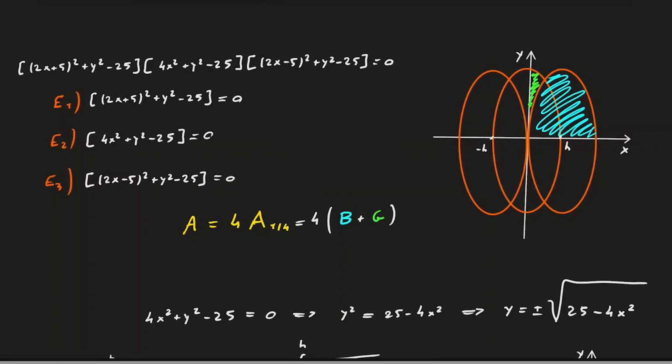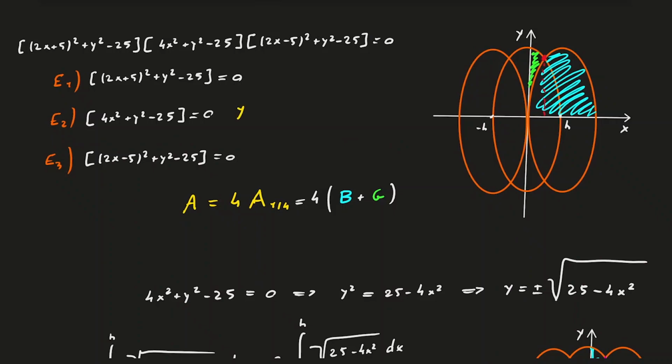A is the value of x when the second and the third ellipse are equal to each other, so the intersection of the two. So we know that the function that describes this is the square root of 25 minus 4x squared when y is positive, and we have to do the same for the third ellipse.